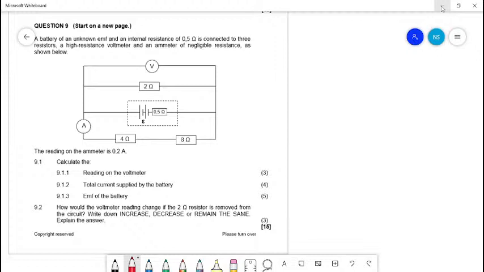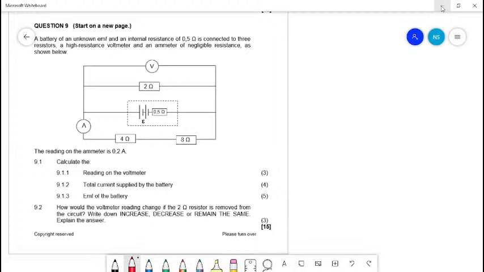Before I start answering, we have two circuits: the external circuit and the internal circuit. The internal circuit is the circuit inside the battery. That's where we talk about our internal resistances, and the external circuit is the circuit outside the battery.